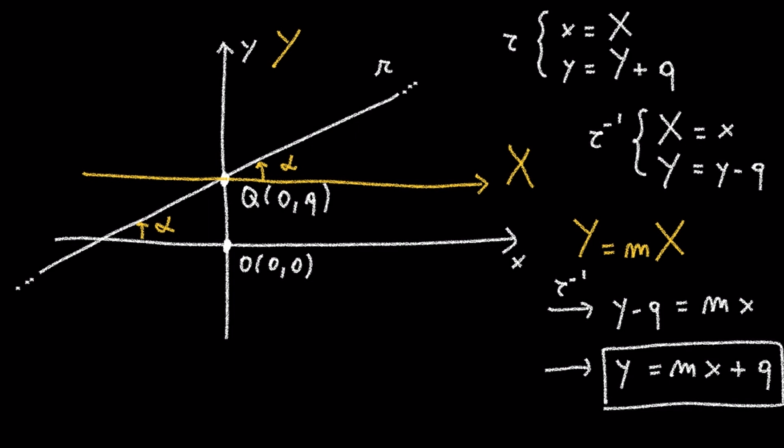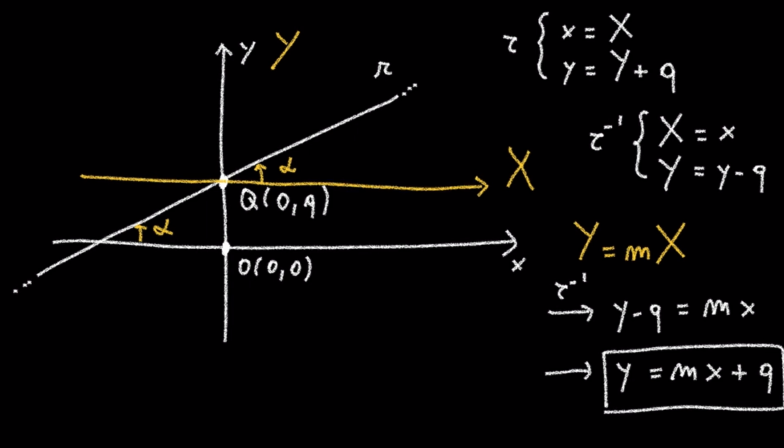This is the equation of a generic line in the plane, where m is the angular coefficient or slope and q is the y-intercept, representing the ordinate of point Q where the line intersects the y-axis. This equation is known as the explicit form of a straight line equation, or the equation of a linear function.